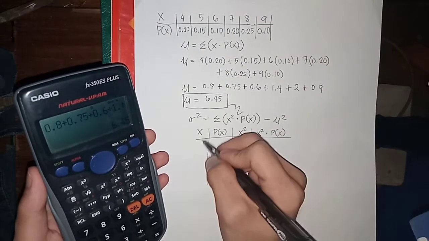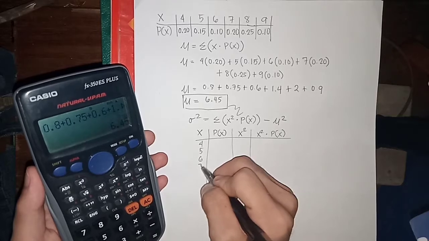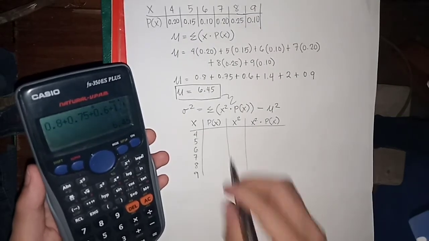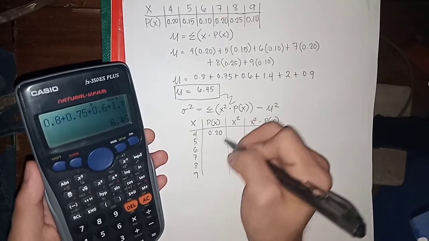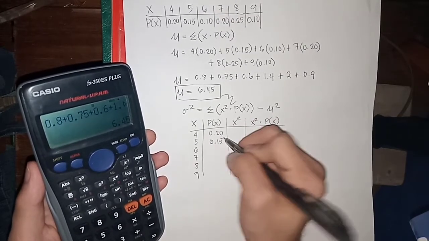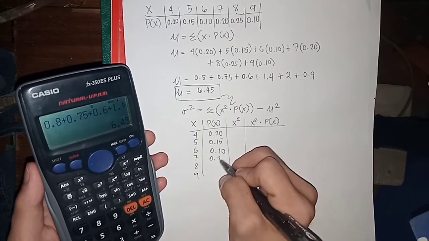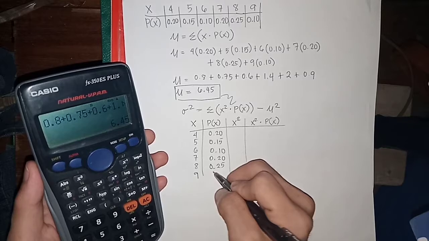Okay, so ang outcomes natin ay 4, 5, 6, 7, 8, and 9. Ang probability niya bawat isa ay 0.20, 0.15, 0.10, 0.20, 0.25, and 0.10.